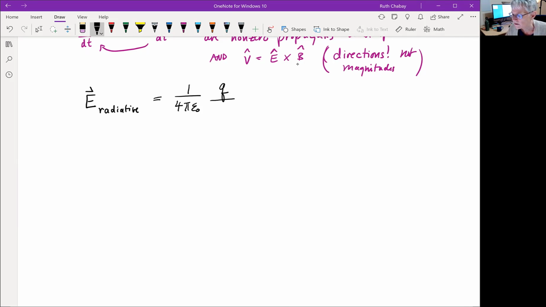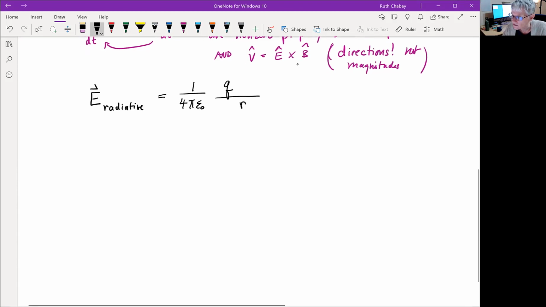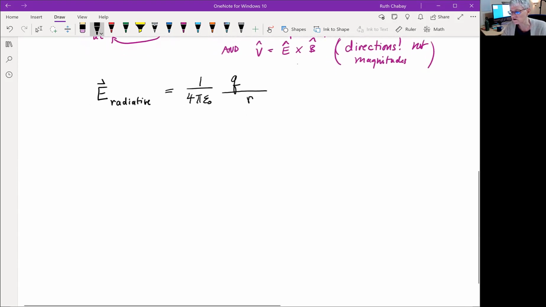The distance dependence is interesting. The distance dependence is actually only 1 over R. So the magnitude of E falls off much more slowly than the 1 over R squared field from a stationary charge. There's a c squared here, and that distance dependence has real practical consequences.